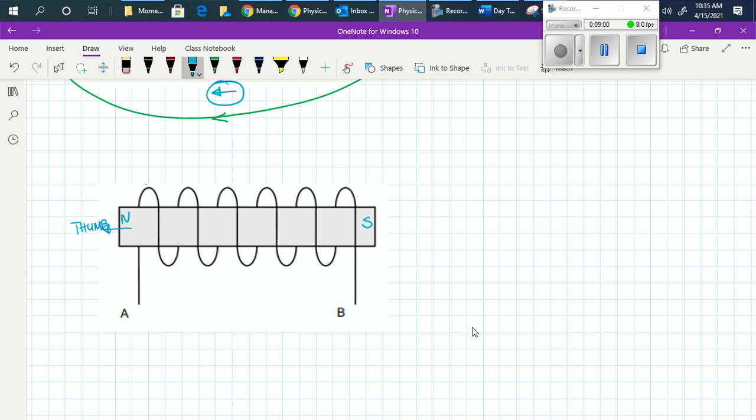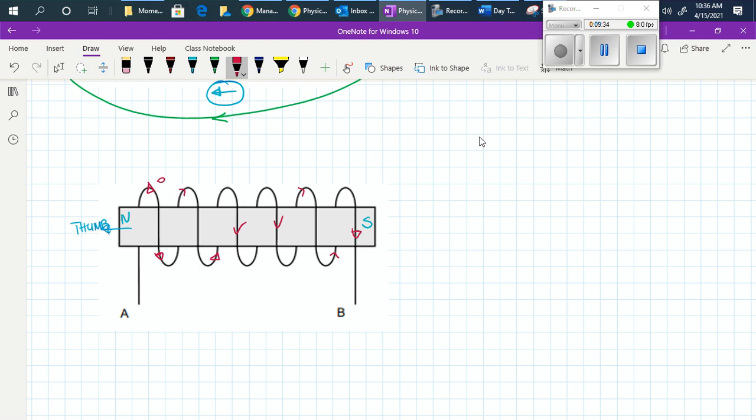So it is coming this way. Electrons are going here, and then here, here, here, and here.